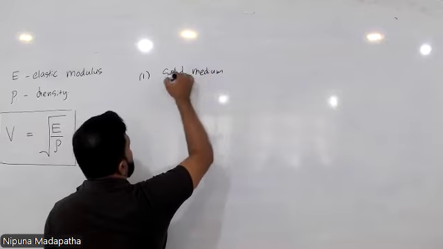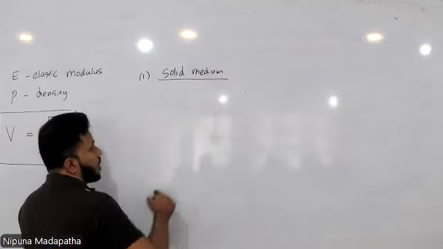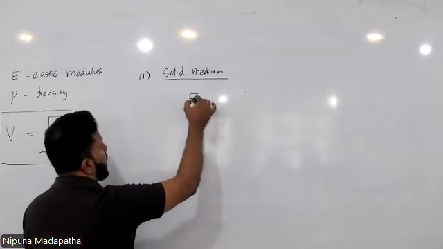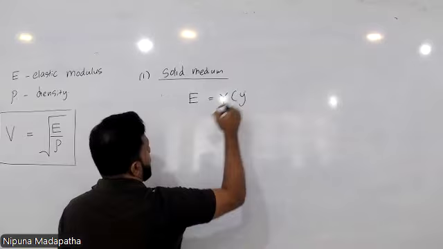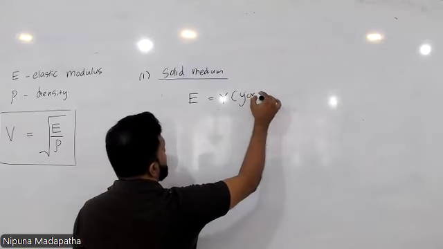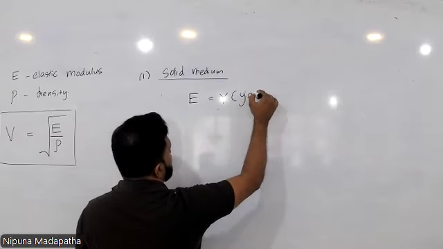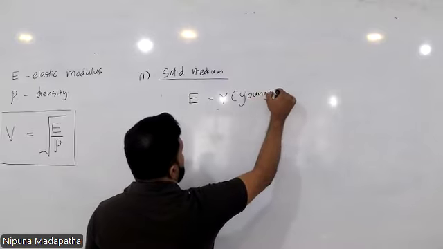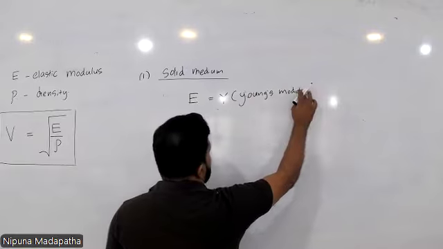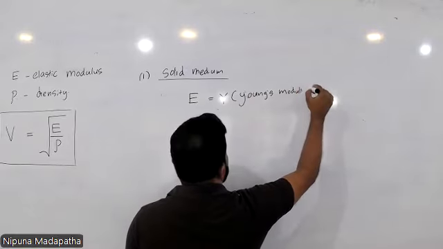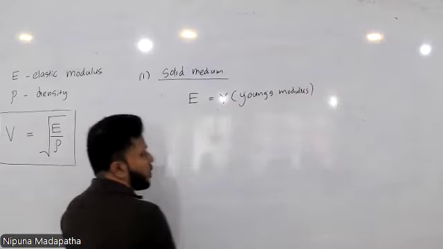For solid mediums, the elastic modulus is known as Young's modulus. E equal to Y, where Y is Young's modulus.